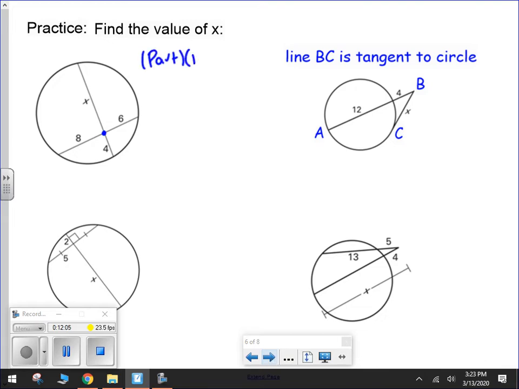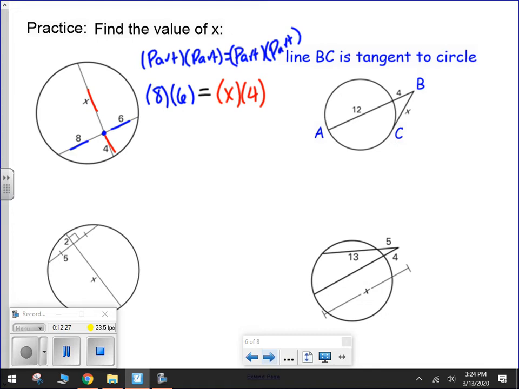So my first part is 8 and 6, so I'm going to do 8 times 6, and that is going to equal my other two parts, which is x and 4. X times 4. When I do that, 8 times 6 is 48, and 4 times x is 4x. Divide by 4, and x equals 12.